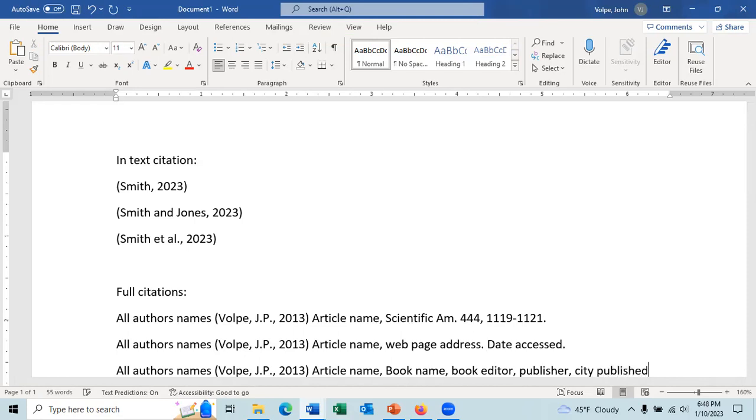Nowadays, they're published in many cities, in which case you just pick the first city that it lists, or you can pick whatever city you want, as long as it's one of the ones.